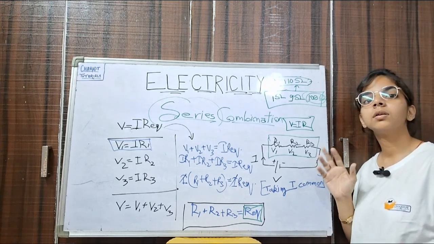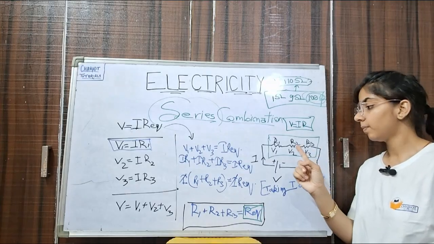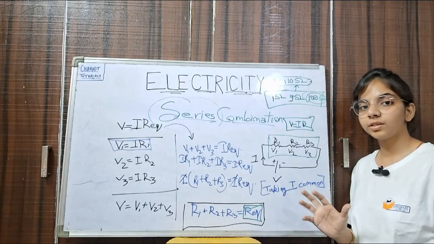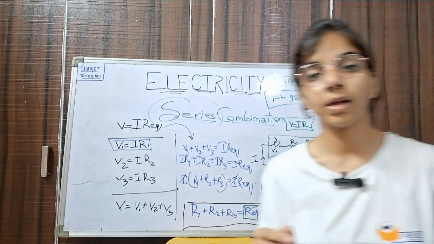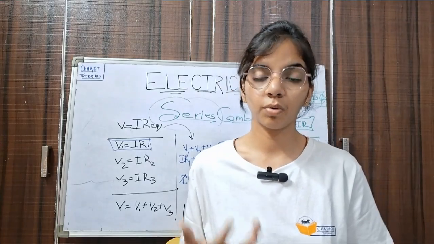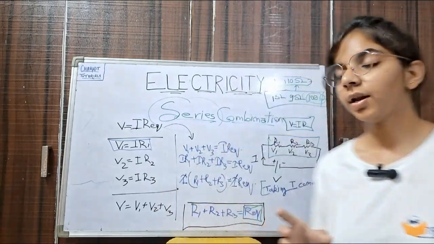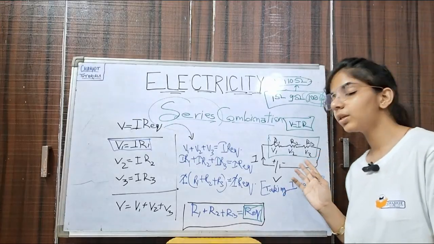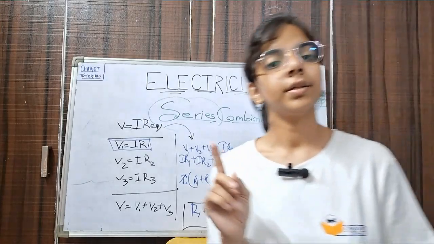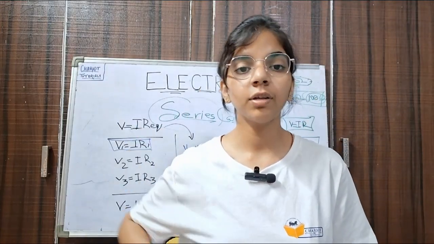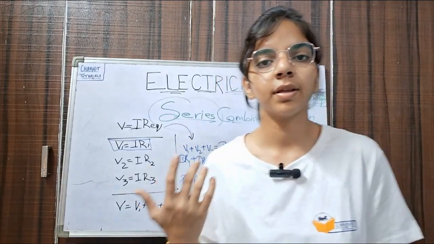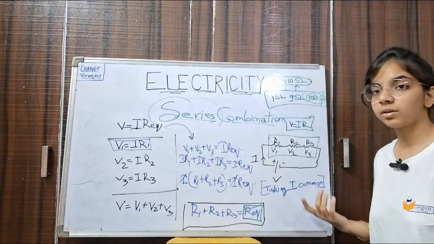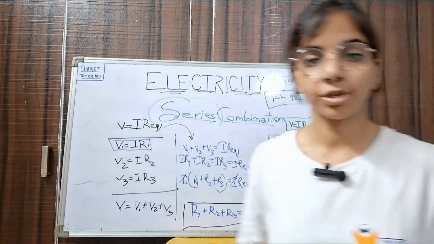Even in a very big series circuit, if a single appliance breaks down or fuses, the whole circuit will be of no use. Each device requires a different amount of current, but in series combination all the devices get the same amount of current. That is why we cannot use series combination in domestic circuits or any other commercial use.